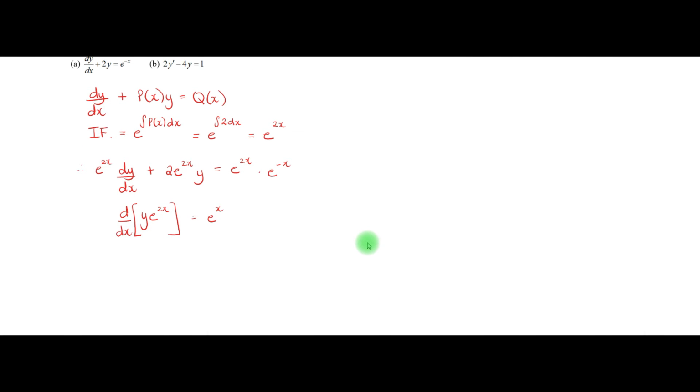Good. The left side now is going to be integrated, and so will the right side, but this time with respect to x. So when you integrate a derivative, remember they're reverse processes, so we get rid of the derivative and we end up with y e to the 2x is equal to, integrate the right side now, e to the x plus c.